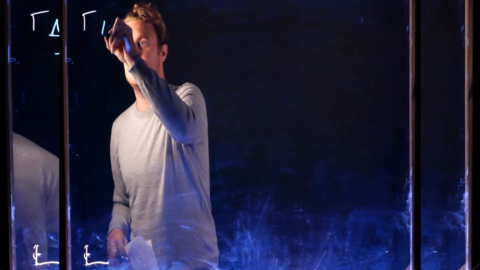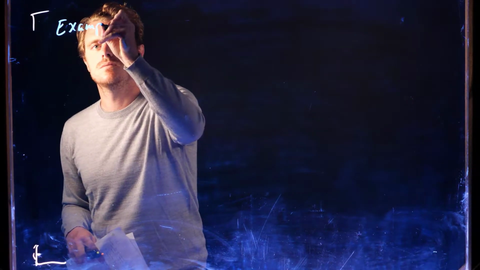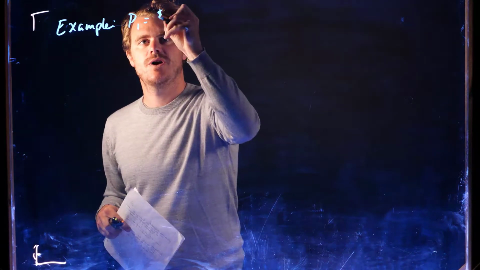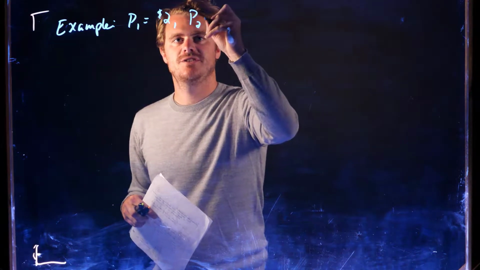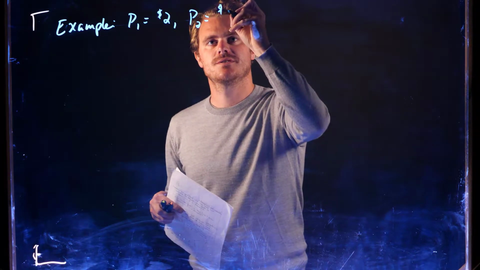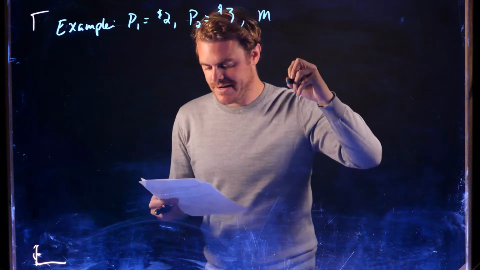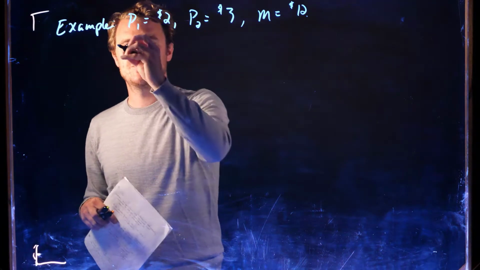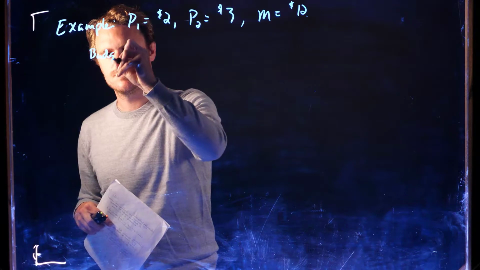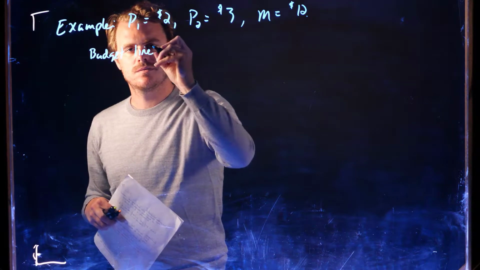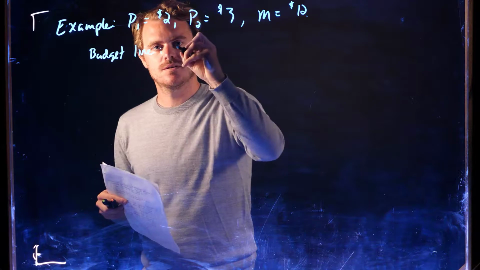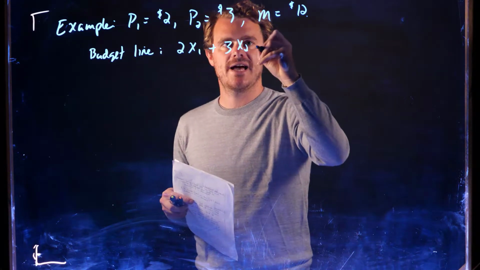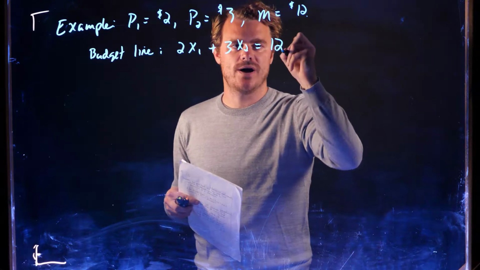So for example, let's say that P1 is $2, P2 is $3, and our income is $12. Which means our budget line is 2 times x1 plus 3 times x2 equals 12, right?